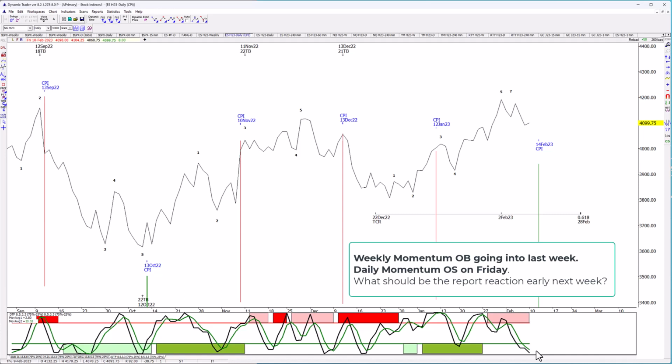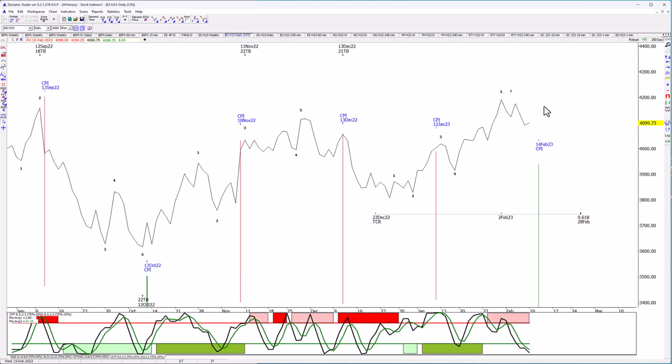When you have a daily momentum make a bull reversal while a weekly momentum is overbought or bearish, what does that usually result in? It usually results in just a few days sideways to up before the higher time frame weekly momentum, which is overbought or bearish, continues and the market goes sideways to down.